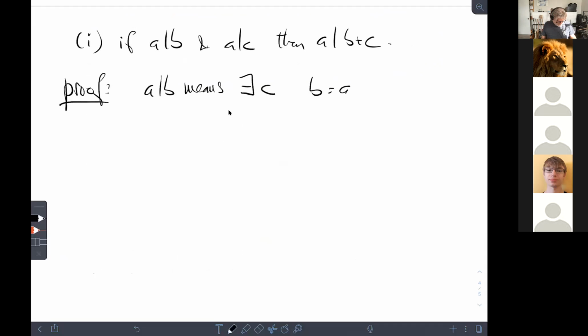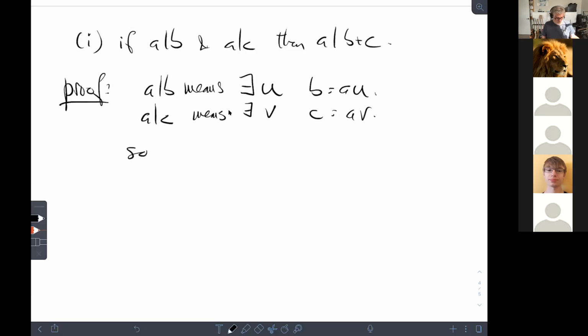I don't want to use C because it's already in the statement. Let's call it U. There exists a U such that B equals AU. A divides C means there exists a V such that C equals AV, right? I'm just applying the definition.